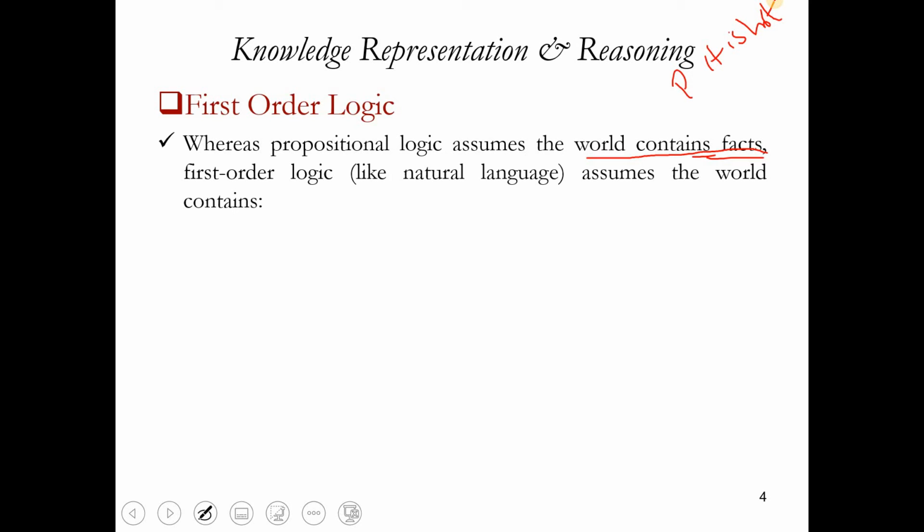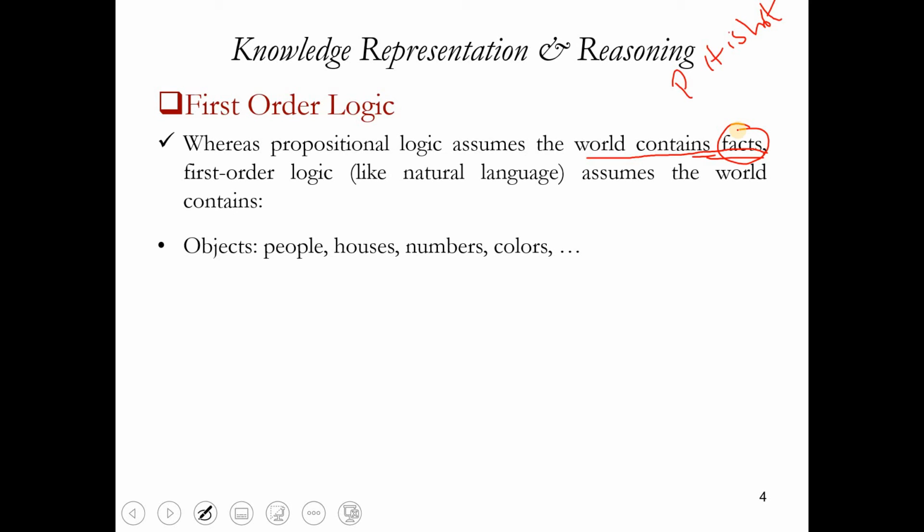Whenever it is hot, P will become true. Whereas the first order language assumes that the world contains many things, not only facts. Over there, a fact was either true or false.